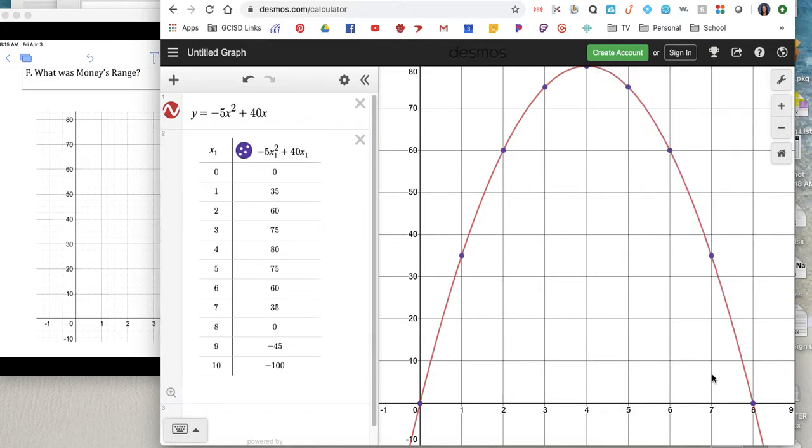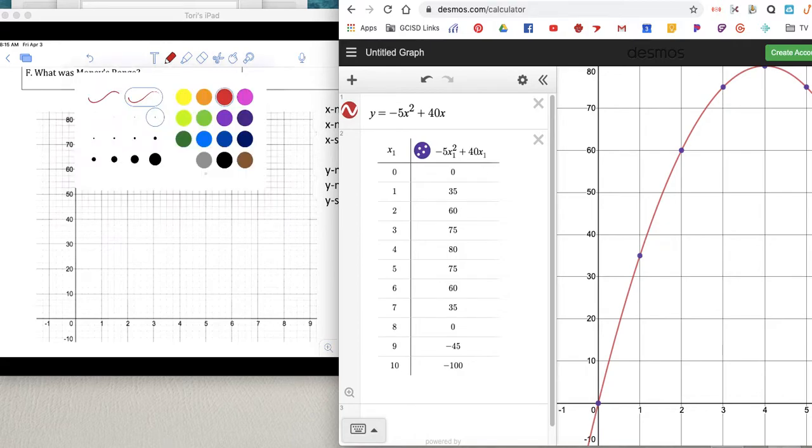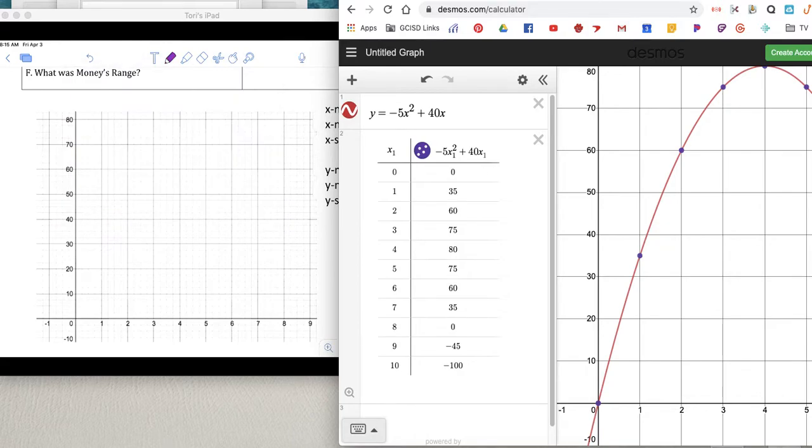Okay. All right, let's go ahead, take a second and copy our graph. I'm going to be using the table so I know where to put my points. All right, again, we start at 0, 0. 1 goes to 35, 2 goes to 60, 3 goes to 75, 4 is 80, and then we go back down with the same numbers.